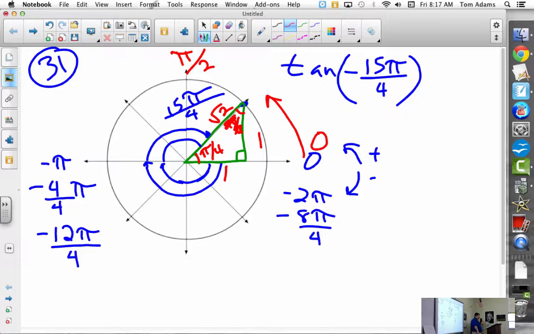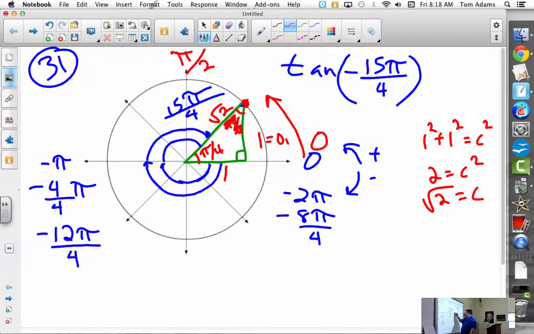And that just comes from the Pythagorean theorem, right? If I say 1 squared plus 1 squared equals c squared, then I end up with 2 equals c squared, or the square root of 2 equals c. Well, the question is, what's this right here? Technically, this is the opposite side, this is the adjacent side, and this is the hypotenuse.